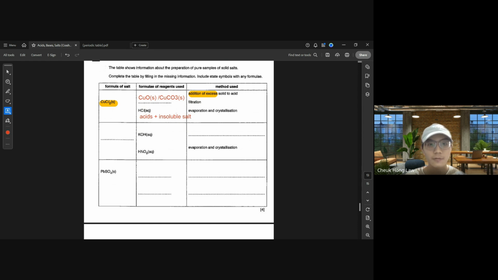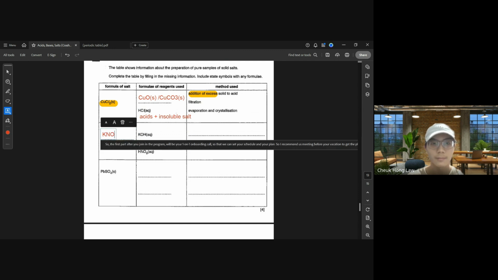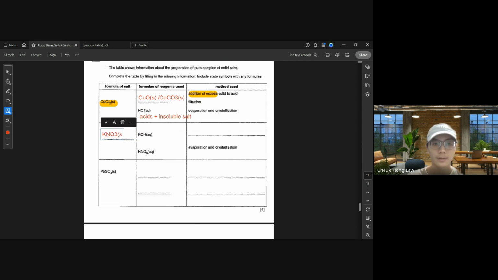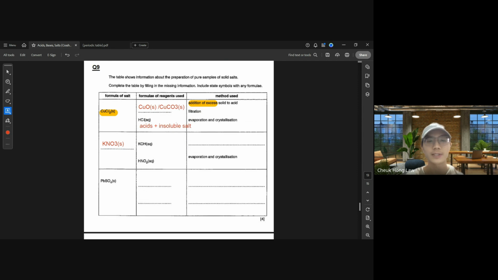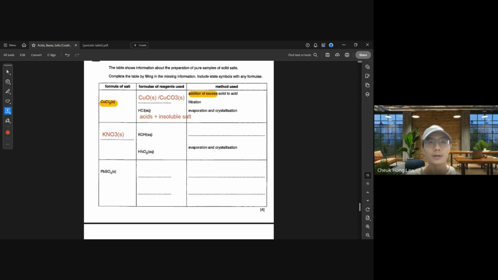So this actually forms what salt? Potassium nitrate. And we want the salt to be a pure and dry sample, so the state has to be solid. So KNO3 solid. That's the salt. And because this is soluble and it contains a group 1 ion, which is potassium, we'll be using titration.